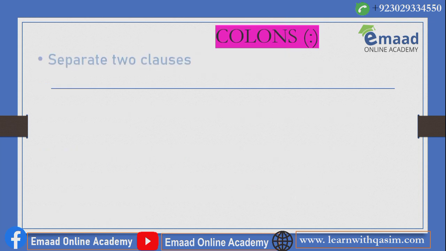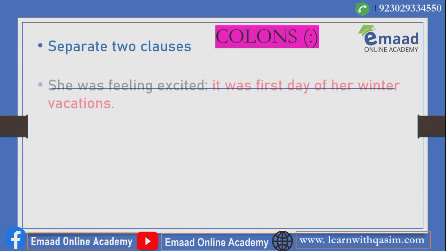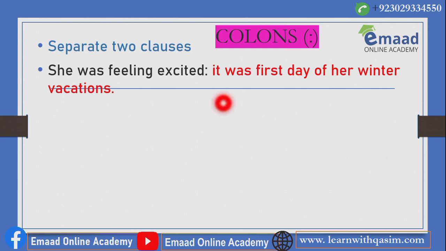Then colons. When we want to separate two clauses: she was feeling excited: it was the first day of her winter vacation. Actually, we use this type of colon to separate two clauses where the second explains more fully the meaning of the first.